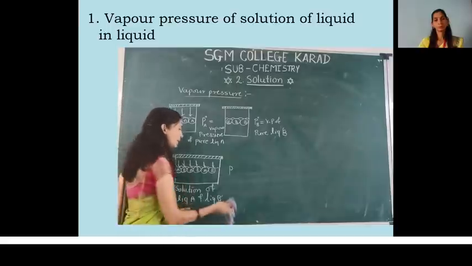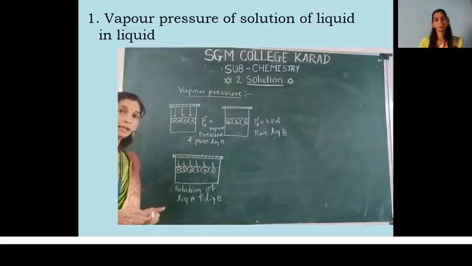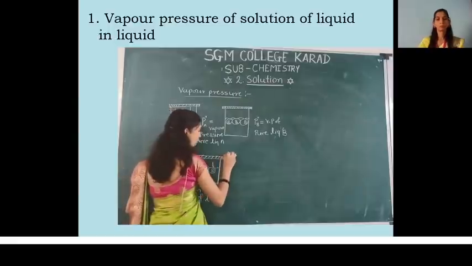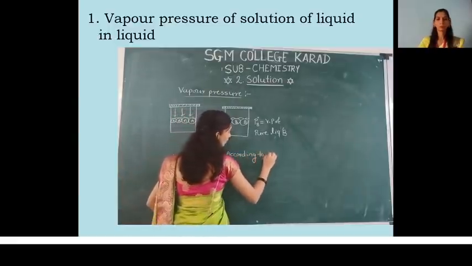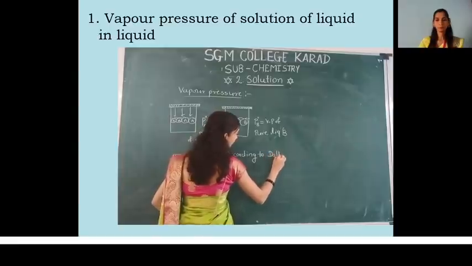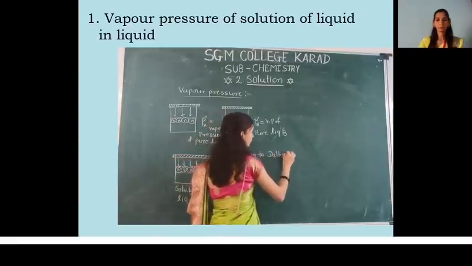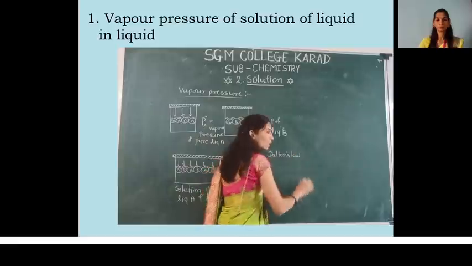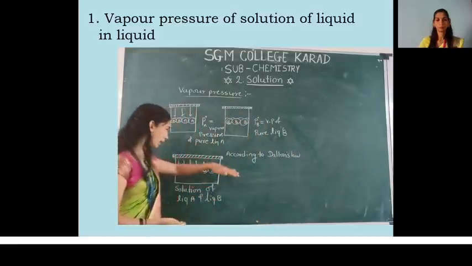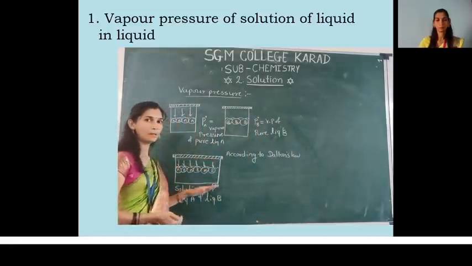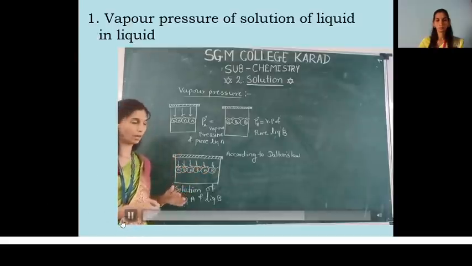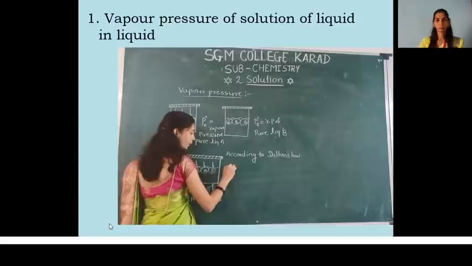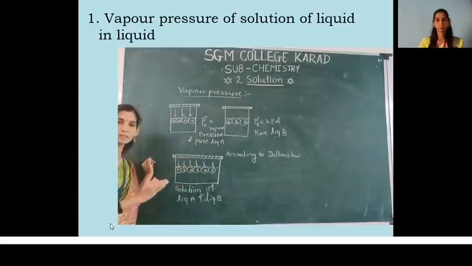Now this pressure is written according to Dalton's law. Dalton's law काय सांगतो? तर एखाद्या सोल्युशन वरती असणारं प्रेशर हे त्याच्या पार्शियल प्रेशरच्या समेशन इतकं आहे. पार्शियल प्रेशर. इथं आपण प्युअर सबस्टन्स घेतलाय का?